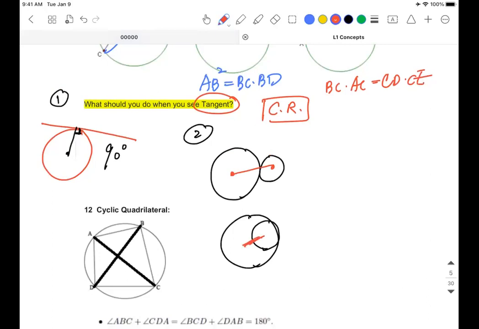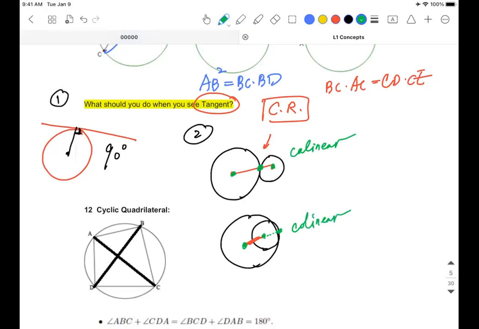Because if 2 circles are externally tangent, this line, this point, and your tangent foot will be collinear, right? And for this one, if you make an extension, the 2 circle centers and this tangent point are also collinear, right?